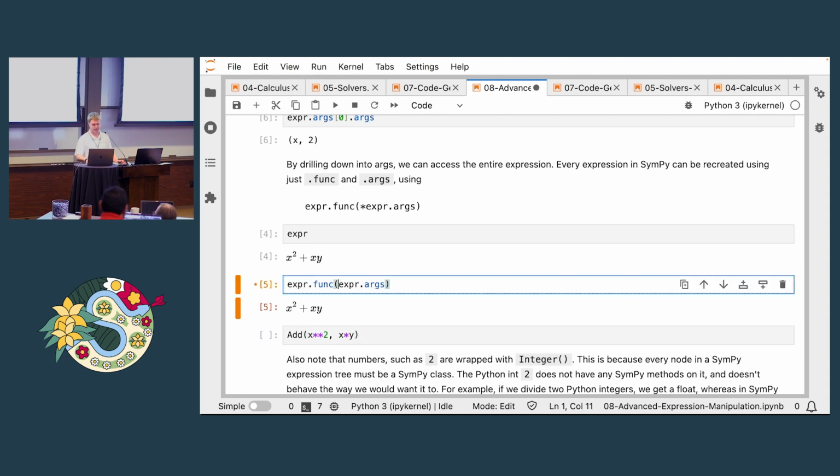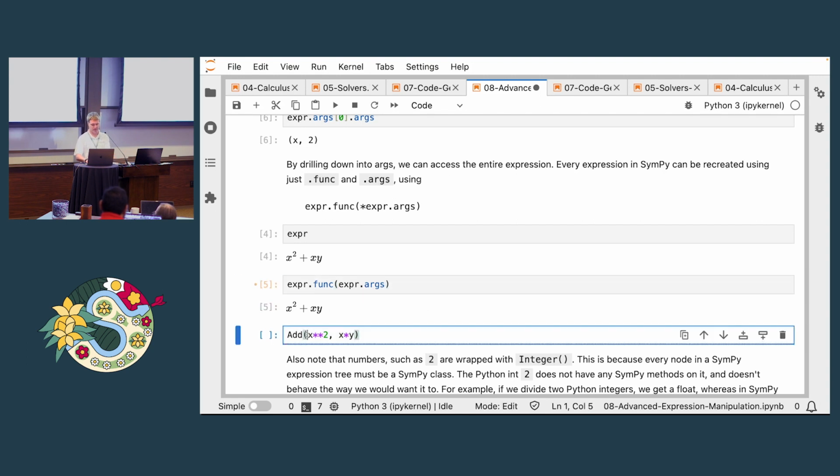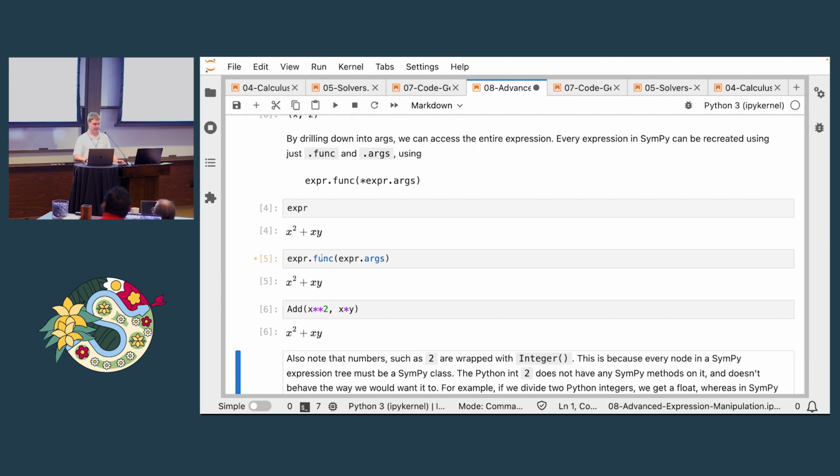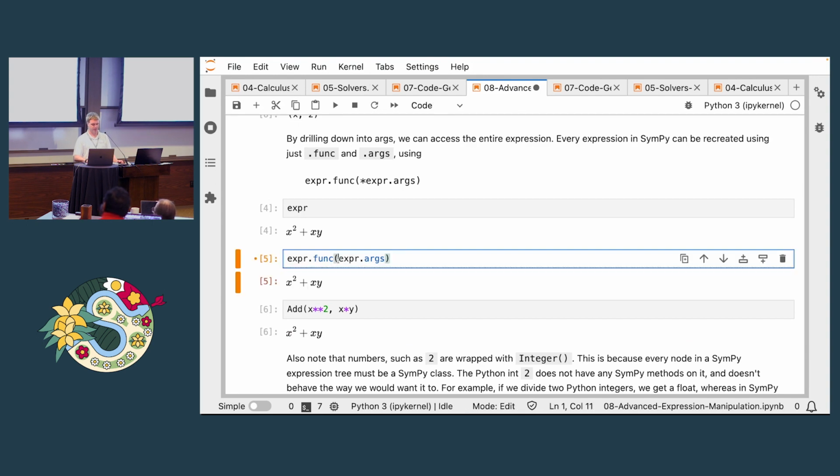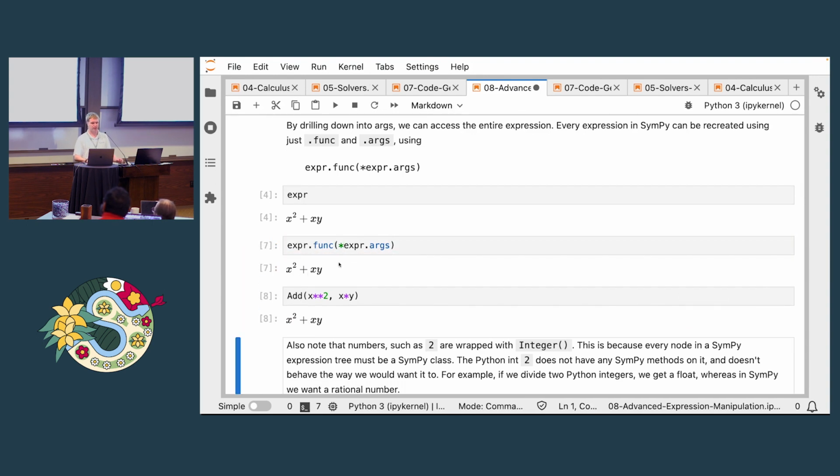If I didn't have the star here, it would be something more like this with a tuple. The star denests that tuple in Python. You can see that this is the same as this, which recreates the expression.